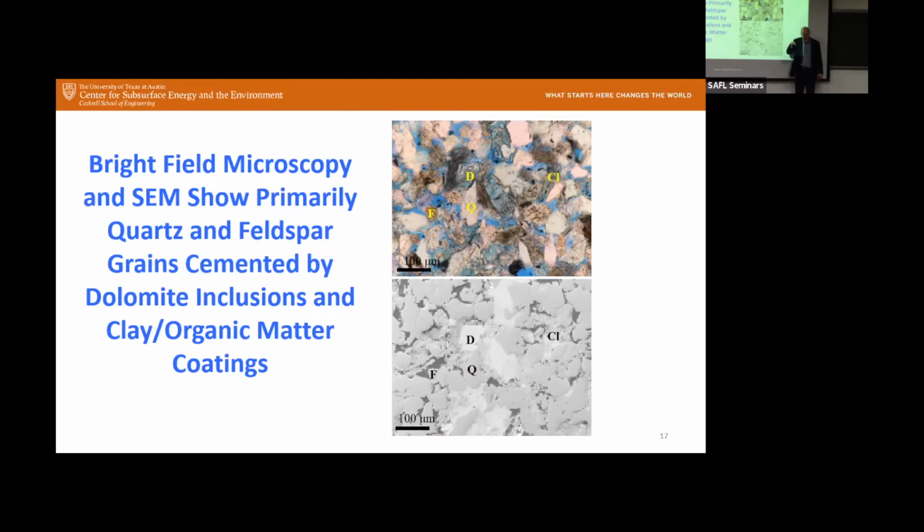Later a secondary precipitation event happened where these carbonates came in and precipitated out these dolomites in the pore space, cementing the grains together. Also, those black lines are clays along the boundaries, and in some cases the clays also act as cementing agents, holding the grains together. But it's mainly the dolomites that are the primary cements.